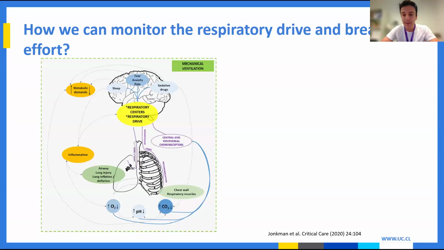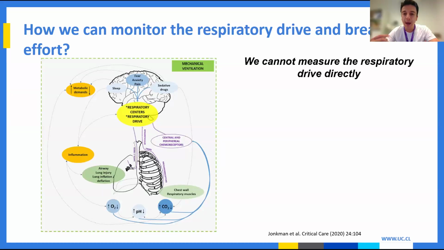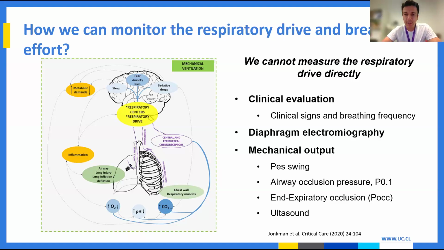The thing is that we cannot measure the respiratory drive directly. We would like to know what is happening in our brainstem, but we cannot. So in clinical practice at the bedside, what we do is clinical evaluation. We usually see clinical signs and breathing patterns, for instance.